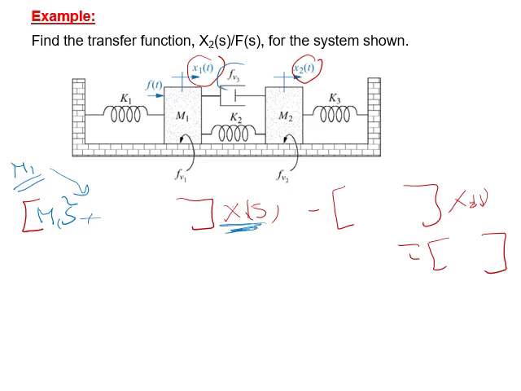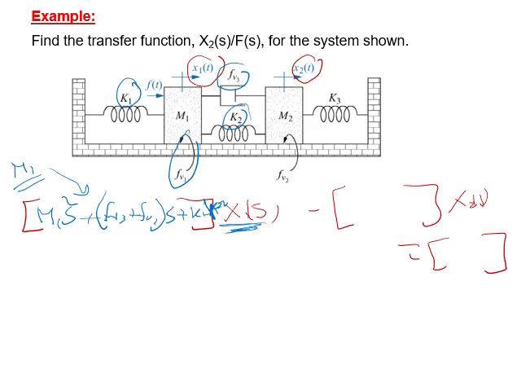We have Fv3 and Fv1. Fv3 plus Fv1, multiplied by s, plus what else? We have K1 and K2. Notice that all these elements are connected directly to M1. So here K1 plus K2. I hope you can see it nicely.